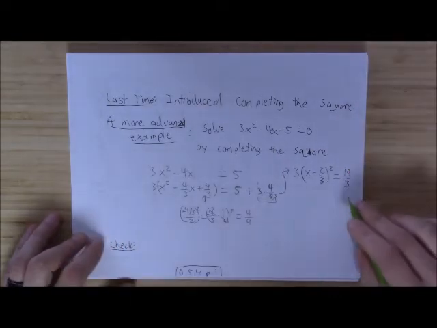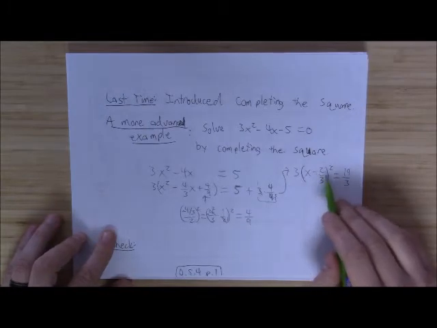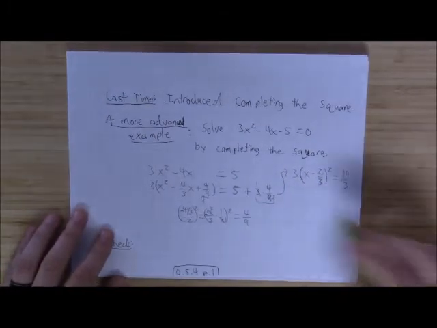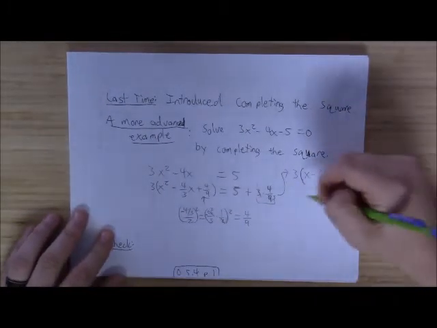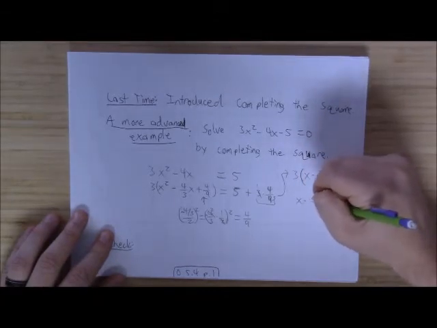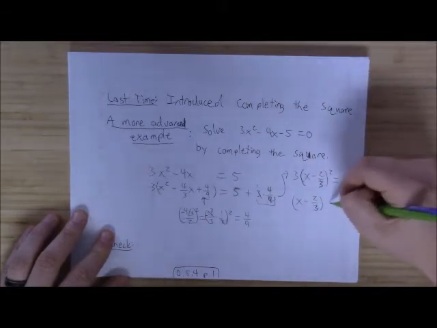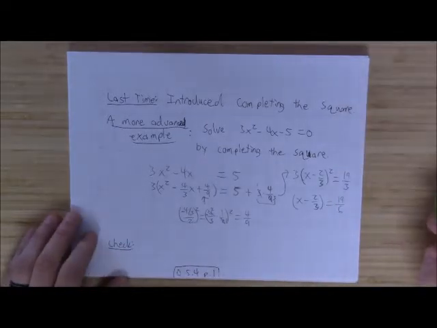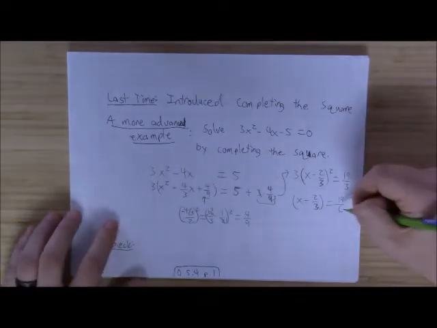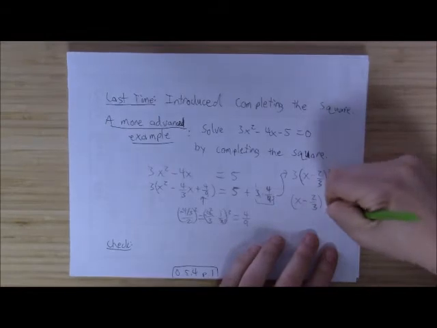Now we divide both sides by the 3, so we have x minus 2/3 squared equals 19 over 9, sorry, 19 over 9.